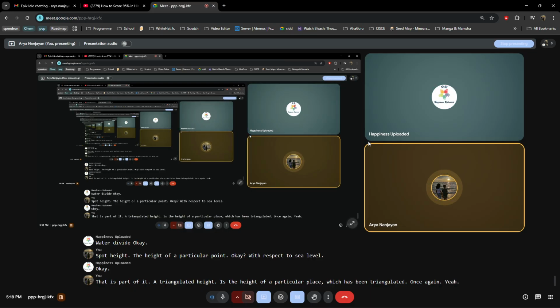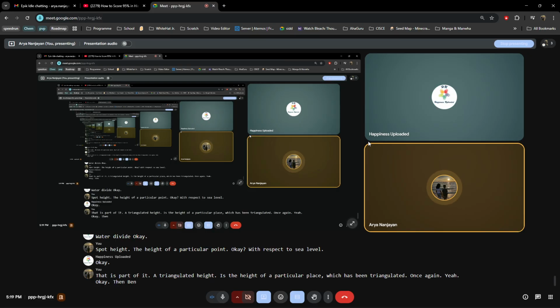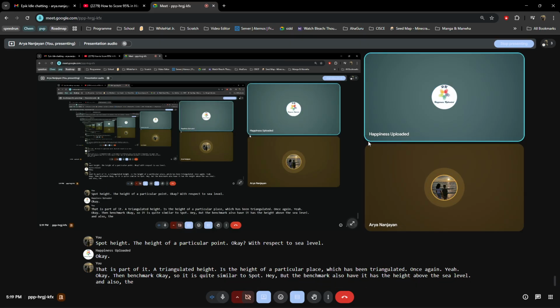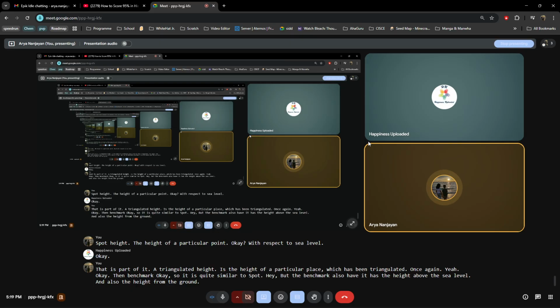Then benchmark. It is quite similar to spot height, but the benchmark has the height above sea level and also the height from the ground where the benchmark is written.